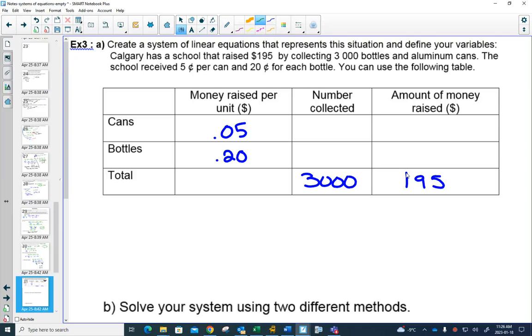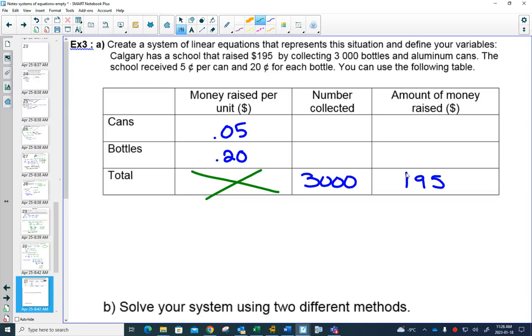Now, a couple things. This one is a little bit dangerous to put a number in. I'm just going to put an X through here, because you might be tempted to write 25 cents because it says total underneath, right? But if I do 25 cents times 3,000, it doesn't equal 195.